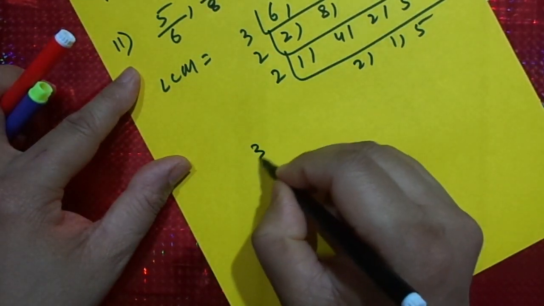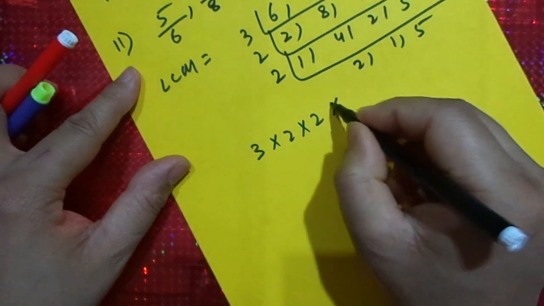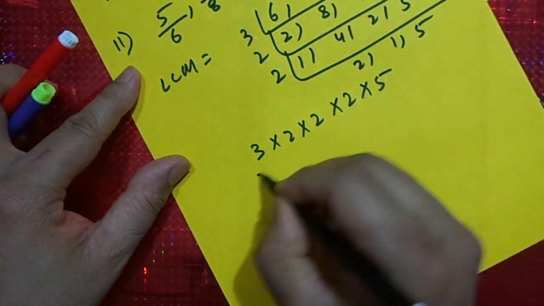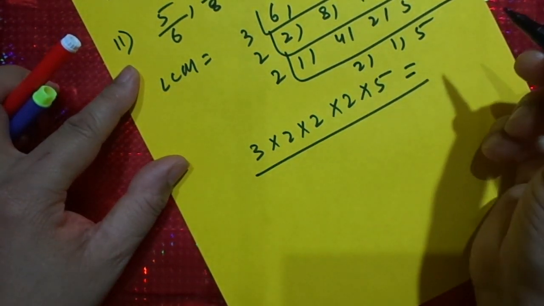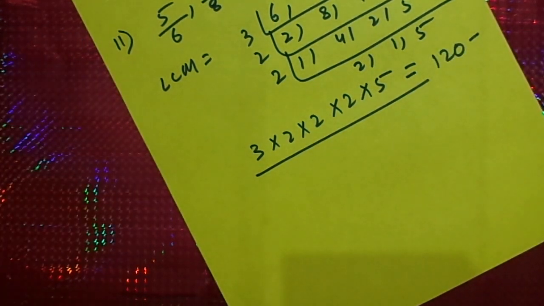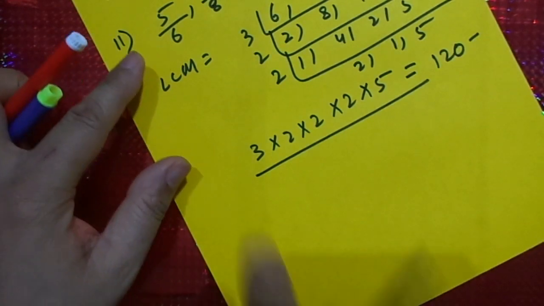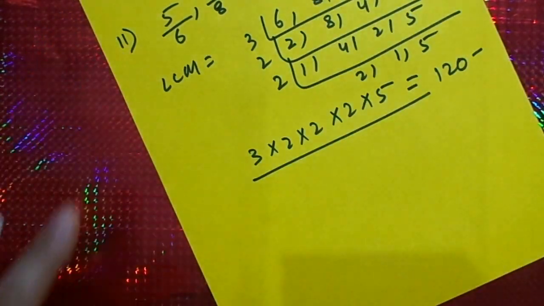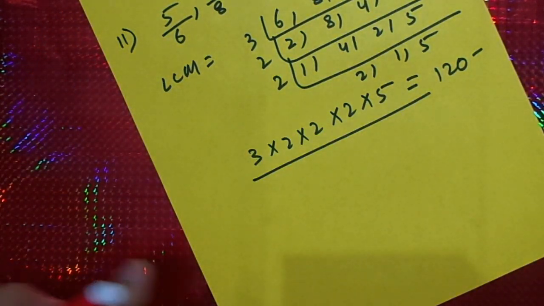So we get 3 into 2 into 2 into 2 into 5 is equal to how much? 120 is our value.